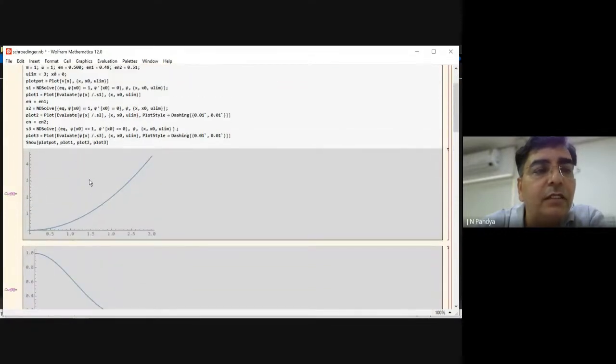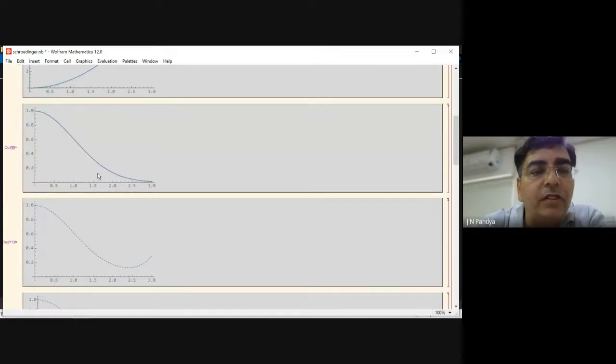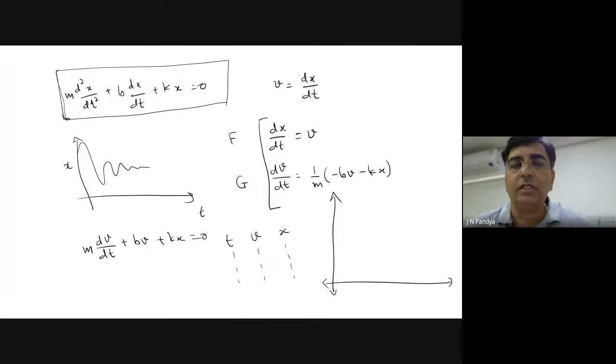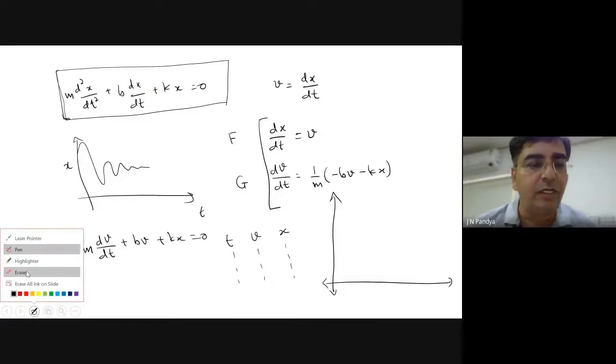The first plot is the potential. The second plot is the function when it exactly matches the energy. As far as your Schrodinger equation is concerned, let us think in terms of the particle in a box problem, because somebody was telling that. Suppose you are doing the RK4 method, for example.